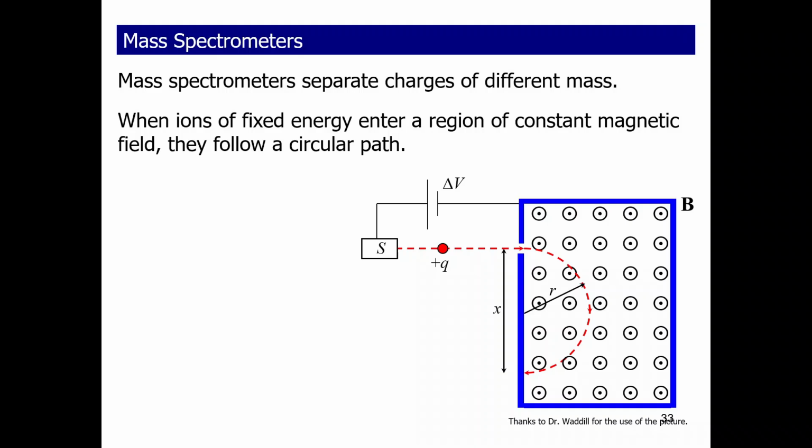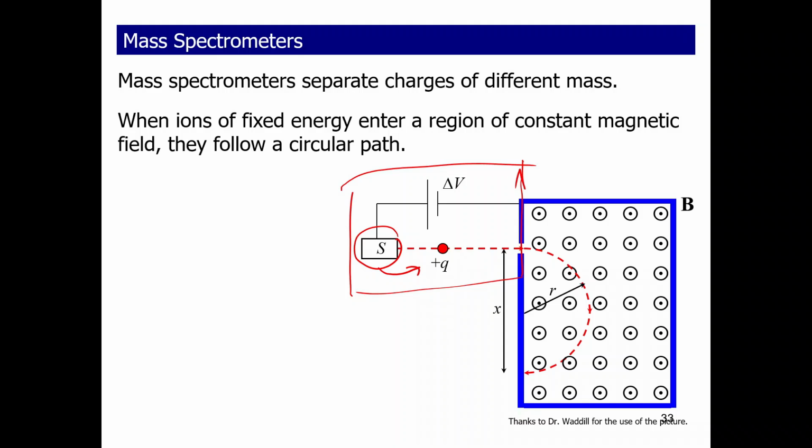So you're going to have some sort of source that is going to produce ions. So you'll have some energy that's going to rip away an electron from an atom, and that's going to produce a positive charge.